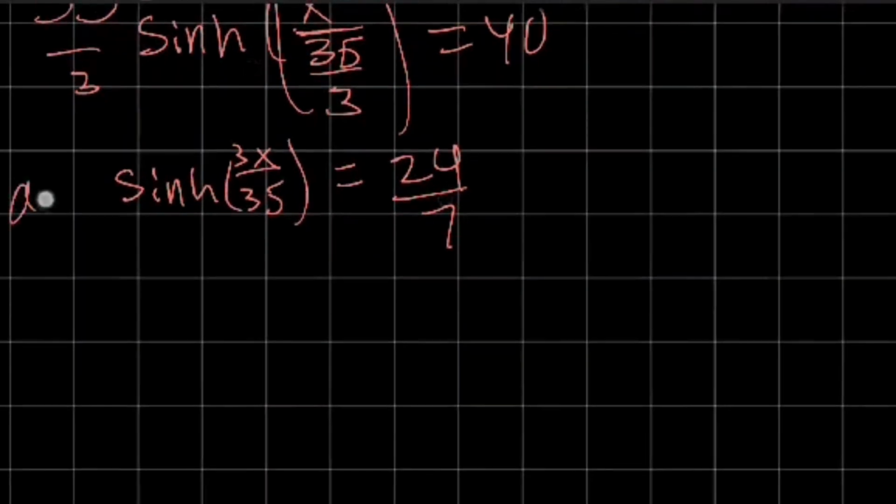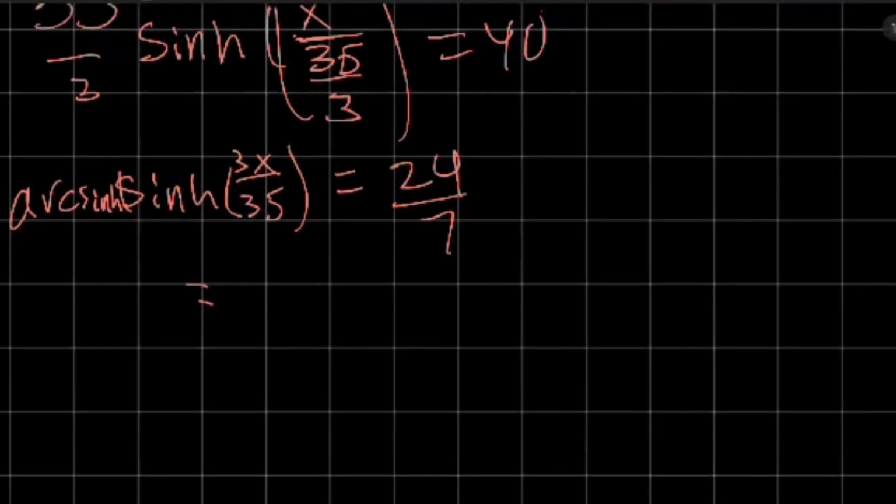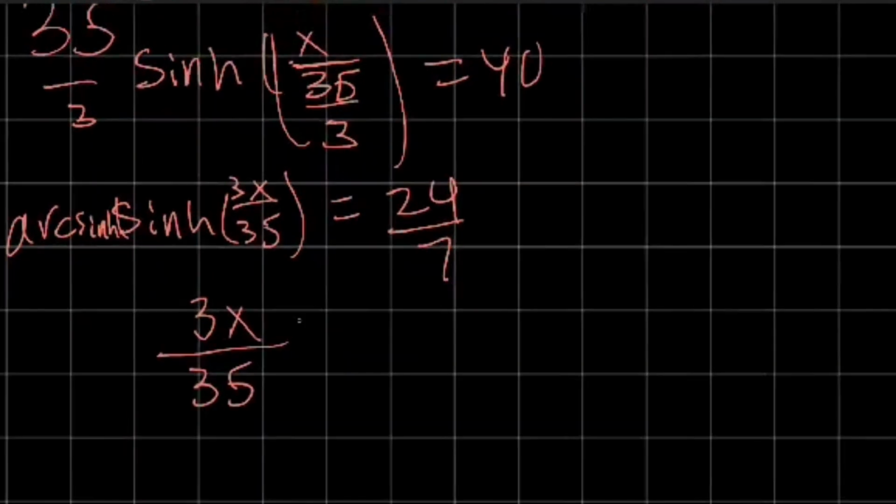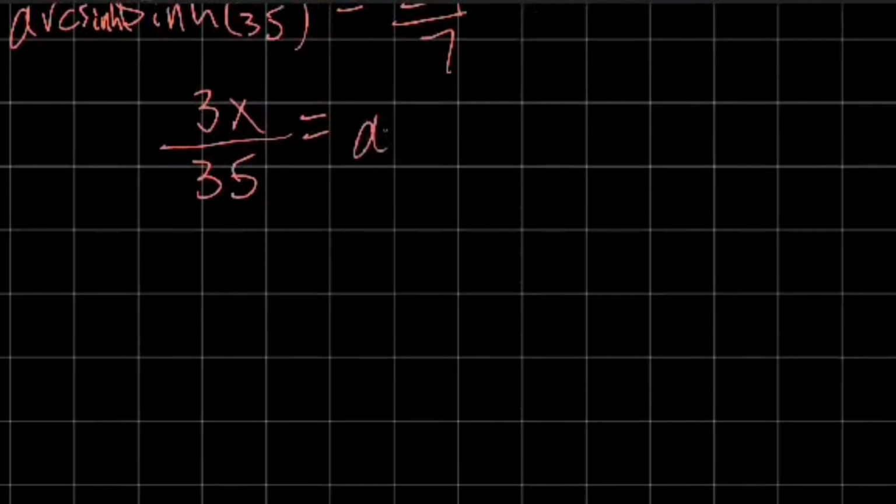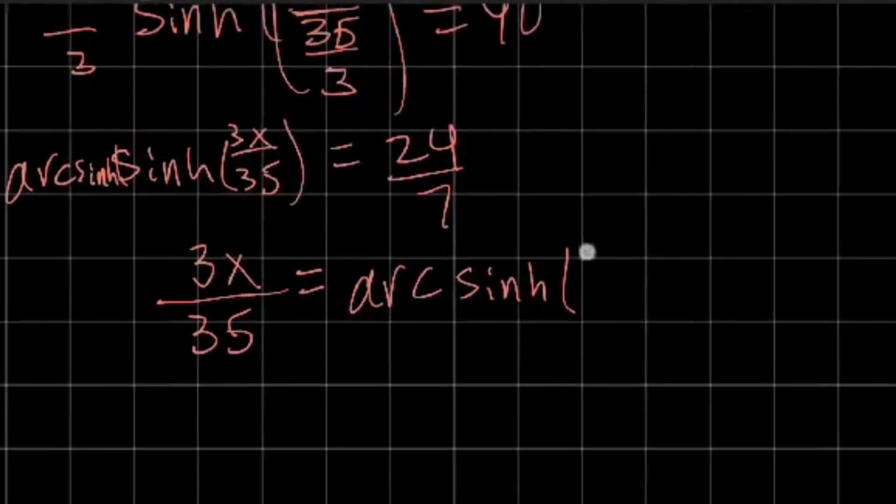And now we have to take the arcsinh of this so that we can get x. Pen is acting weird. 3x over 35 is equal to the arcsinh of 24 over 7.